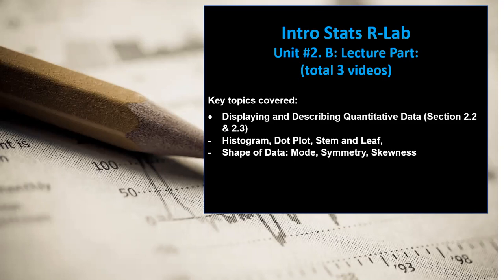The key topics covered are the histogram, dot plot, stem and leaf, and then we're going to discuss the shape of the data and the mode. Is it symmetric? Is it skewed? Basically, the lecture part covers sections 2.2 and 2.3 in the book.